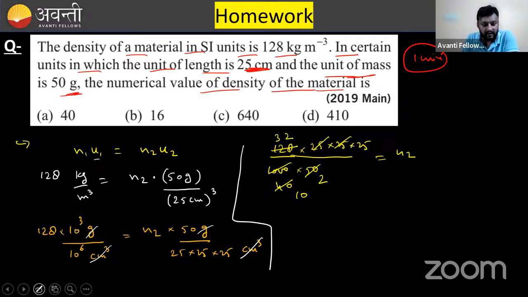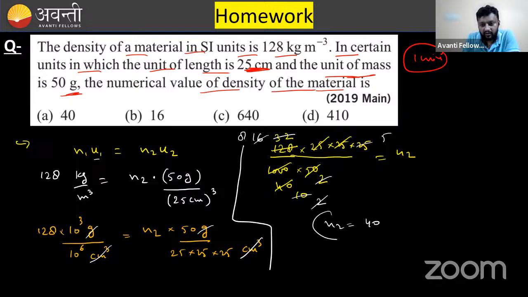Check me whether I am doing anything wrong. 2, 16, 5, 2, 5, 5. So N2 is equal to 2 8, that is 40. So don't look at that 40. Very good, so we are getting 40 as the answer. So N2 is 40. Are you getting it? This is a 2019 question. How easy is the question? Only simple calculation and you will get the answer.